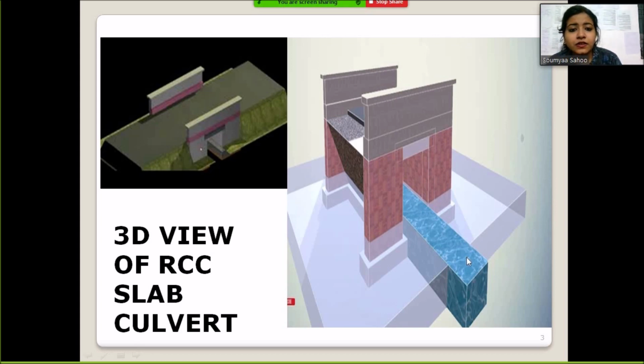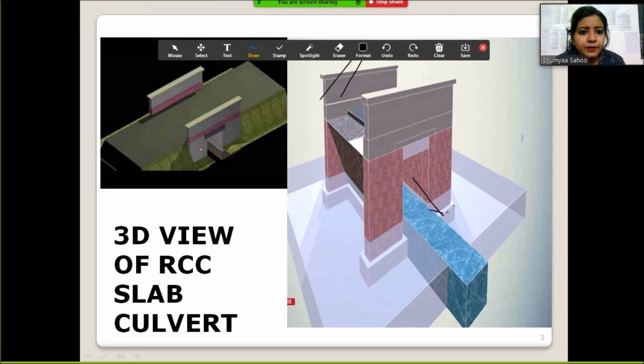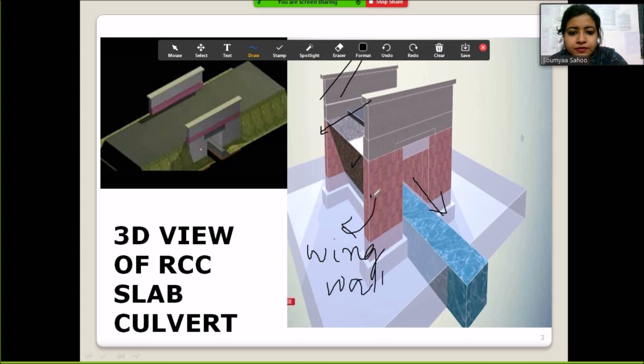See, it is the waterway. Here it is the waterway, and over here this is the roadway, this is the abutment, and this is called wing wall. This is the wing wall, and this is abutment.